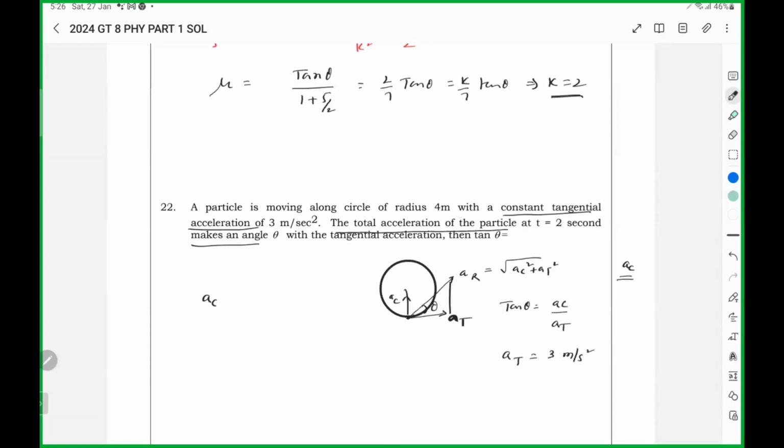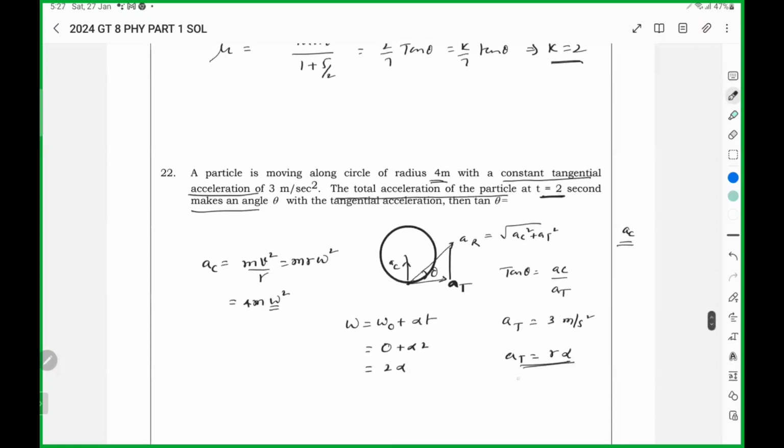To calculate centripetal acceleration, we have to write the formula m r omega square. He has given the radius, so I can write 4 m, but what we want is omega. Once it is making revolutions, its angular velocity changes. So initial angular velocity is this, but he is asking acceleration at 2, that is 2 alpha. So alpha can be found by using tangential acceleration as a formula.